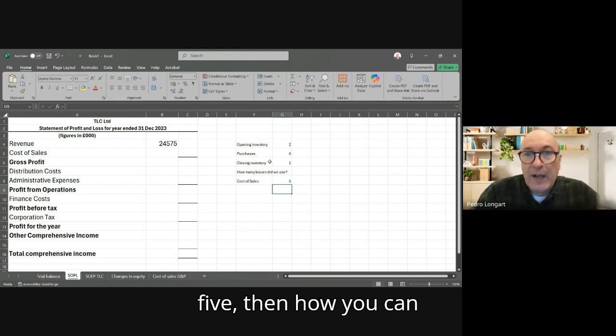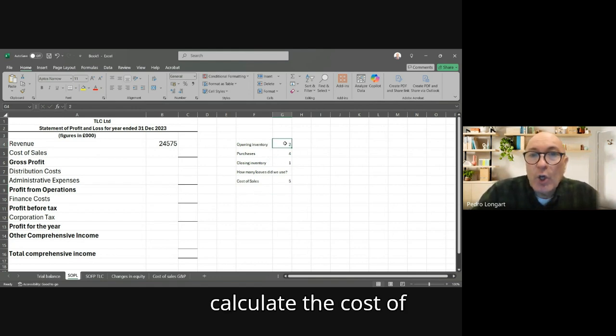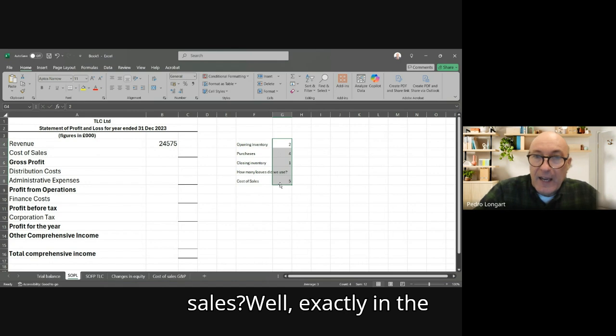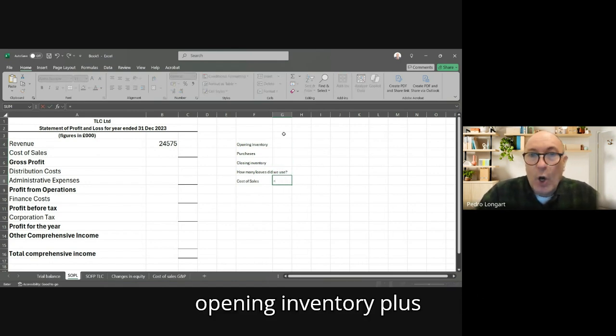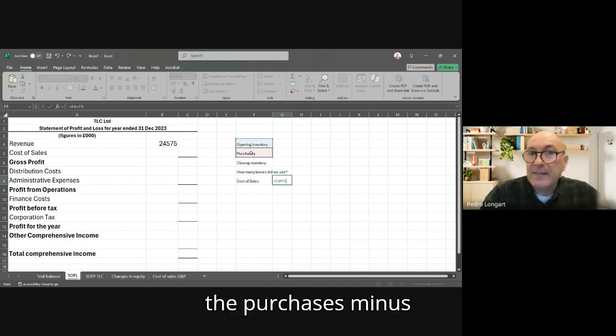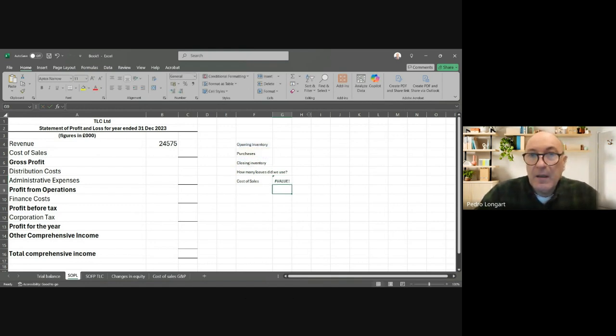Then how do you calculate the cost of sales? Well, exactly in the same way. So the cost of sales is the opening inventory plus the purchases minus the closing inventory.